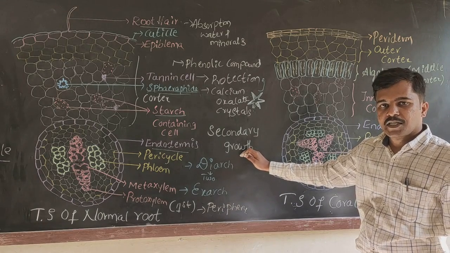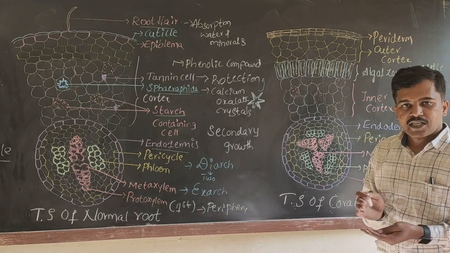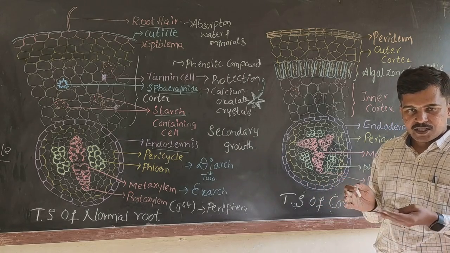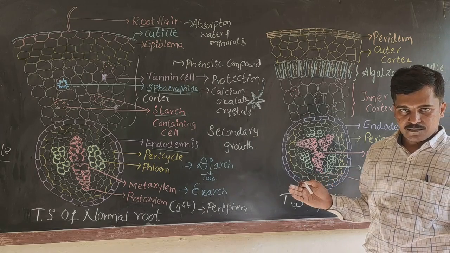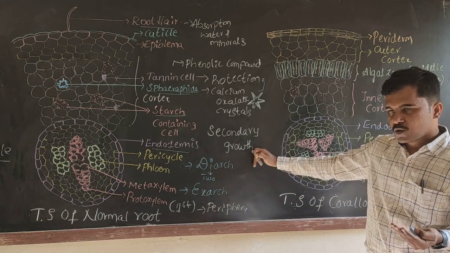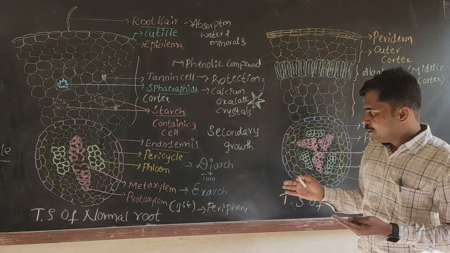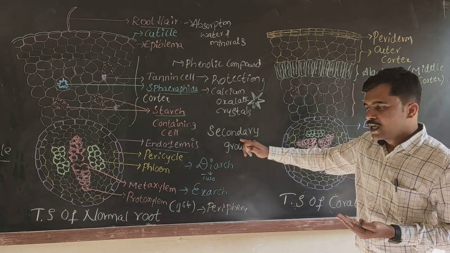Secondary growth is nothing but the increase in the girth or the thickness of root. If it is occurring in the stem, it is the increase in the girth of the stem. If it occurs in the root, it is the increase in the diameter or girth of the root.